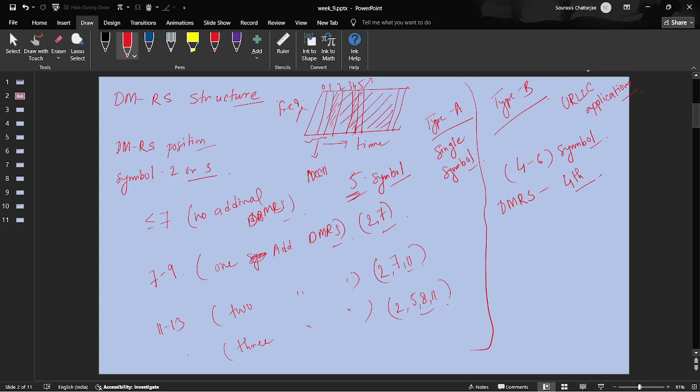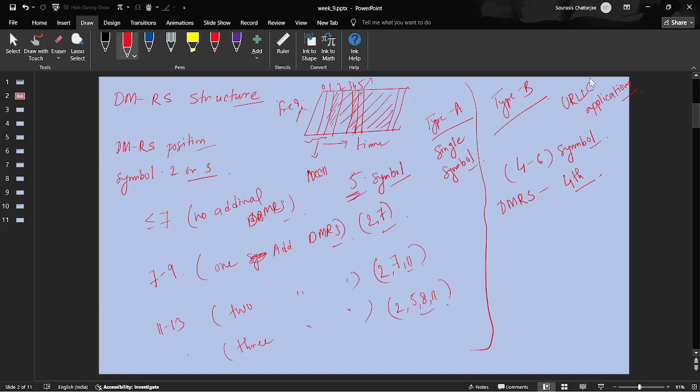And in type B, is there any provision for additional DMRS, or is nothing defined, or maybe low latency so it is not allowed? As the length is less, I don't think additional DMRS will be needed.